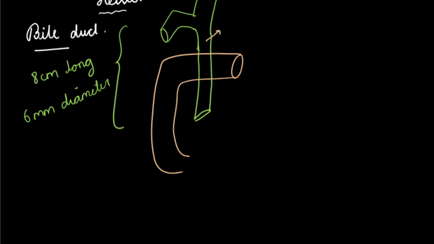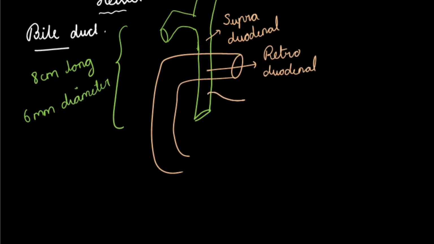So this is the supraduodenal part, superior to the duodenum, and this part is behind the duodenum, so it is retroduodenal. And this inferior part is infraduodenal.